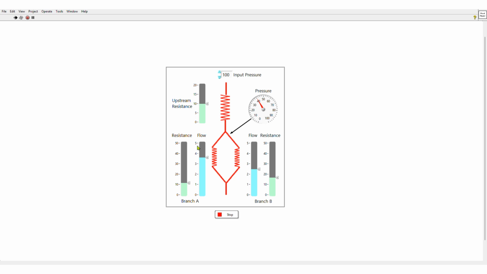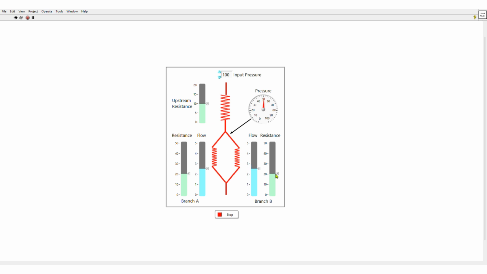It's shared by both branches, and so a change in the resistance in branch B also affects the flow in branch A. Branch B flow goes up as I reduce the resistance in branch B, but branch A flow goes down. And that's because the general perfusion pressure has gone down because of the increased flow through the upstream resistance. Now, what can we do about that? Let's go back to normal.